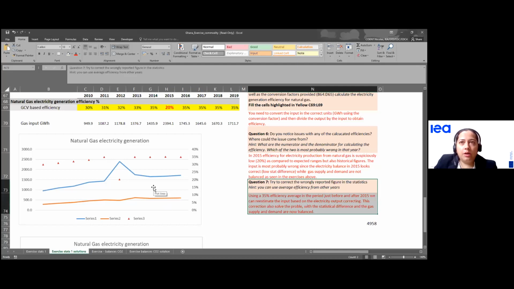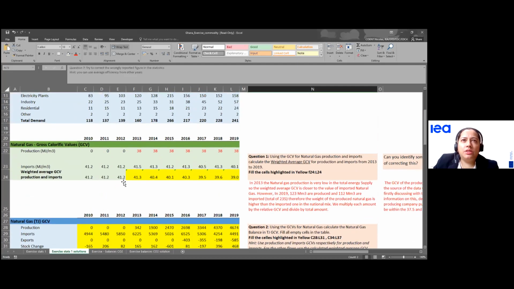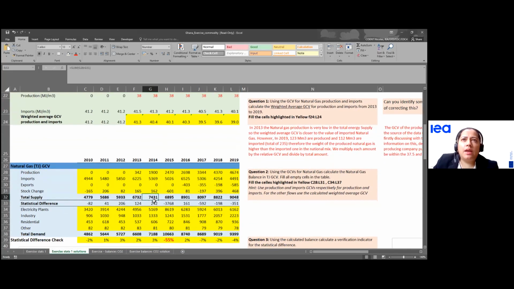So if we go up in the cell J34, and here we back calculate, not H34, sorry.